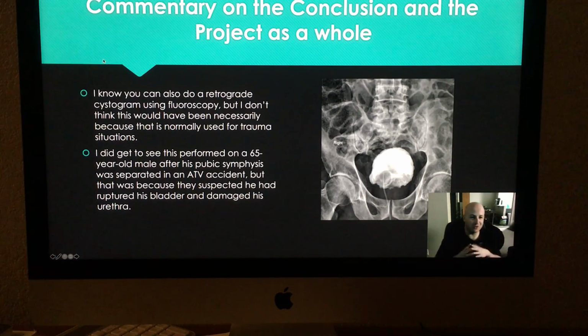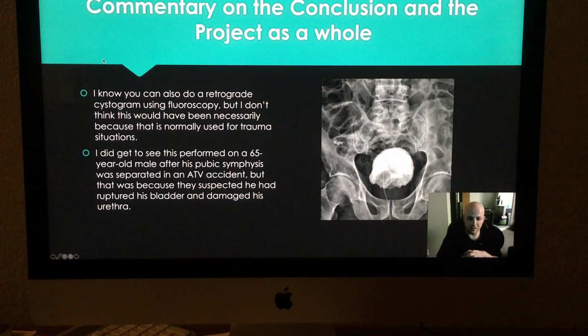So I know you can also do a retrograde cystogram using a fluoroscopy, but I don't think that would have necessarily been the best option for him. From what I understand, it's largely used for trauma situations.